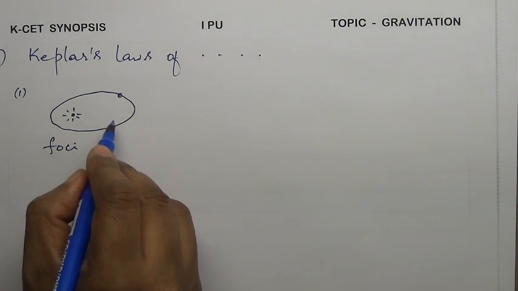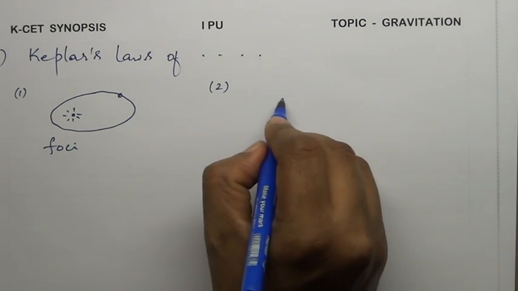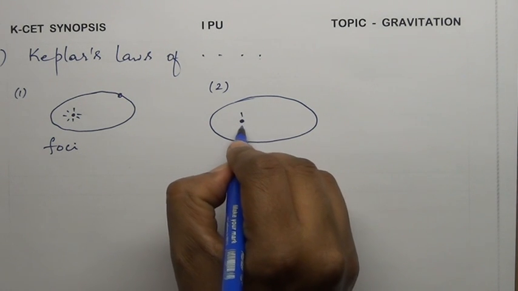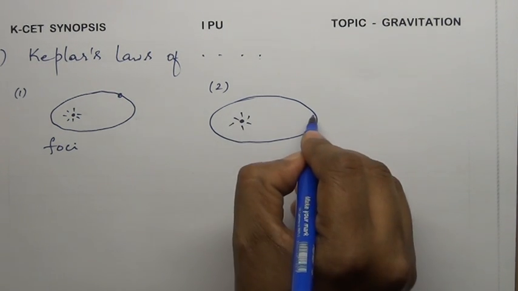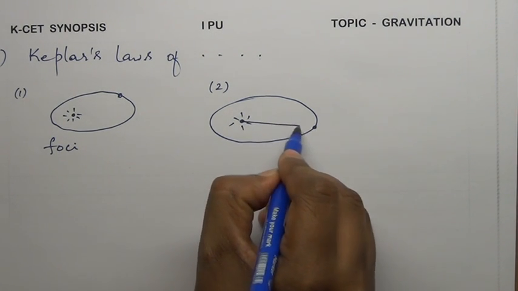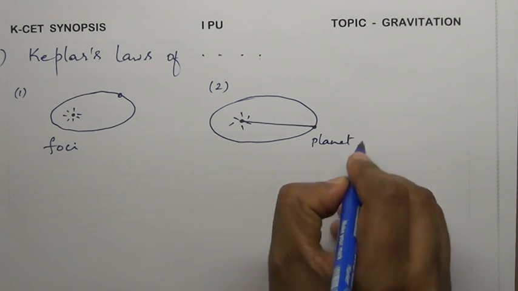This is the first law. The second law says, if this is an elliptical orbit, with the sun and the planet, this is the imaginary line joining the planet and the sun.